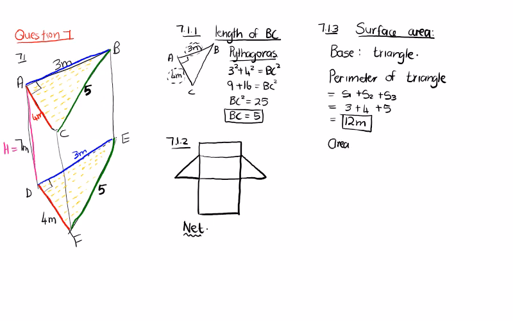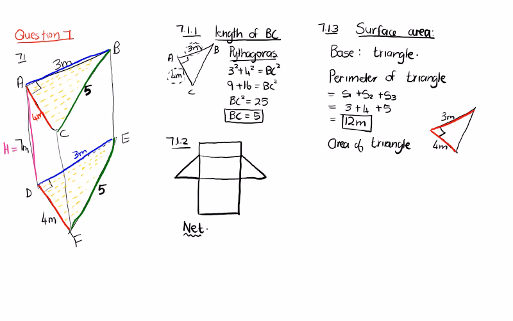Then you must work out the area of the triangle, and that is now the yellow triangle that looks like this, and you have the 90 degrees, and this is 3 meters and this is 4 meters. So you now use the base times the perpendicular height.